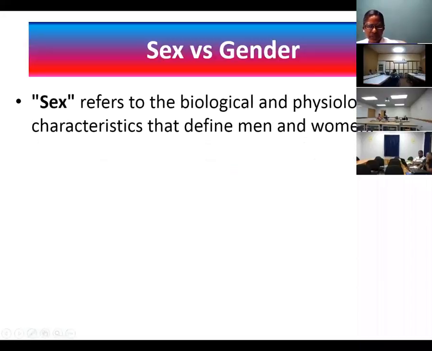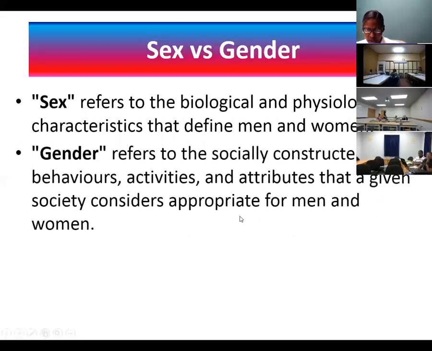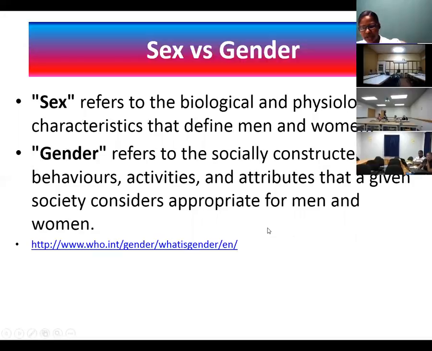I was looking up some definitions, and these were some definitions that I came across, trying to define what this thing called gender versus sex is. It says sex refers to the biological and physiological characteristics that define men and women. So that's more of a biological foundation.